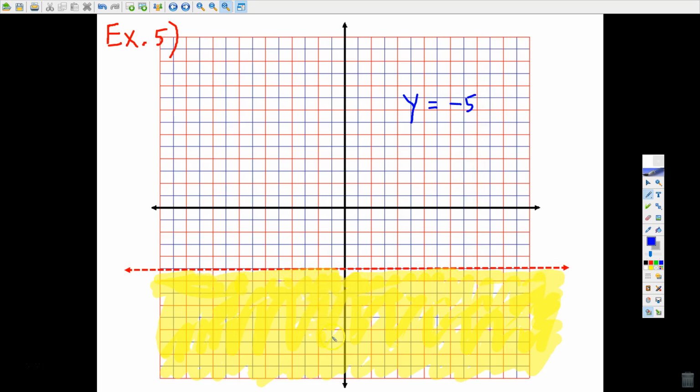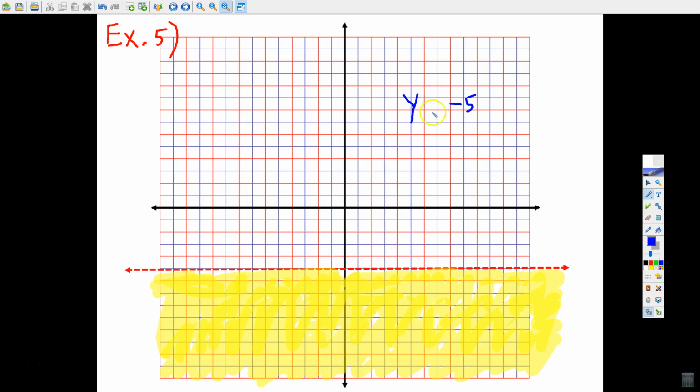But when you include shading indicating one side or the other, indicating the solution set, that's what changes this equation into an inequality. And shading the underneath side of this, just think about how the numbers on the y-axis are getting smaller and smaller. They're getting less and less.